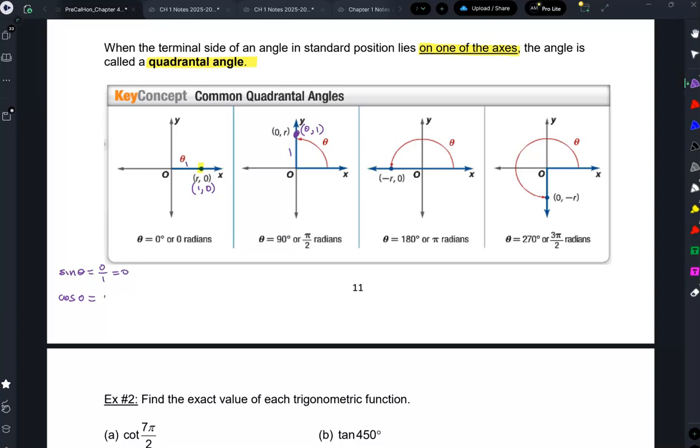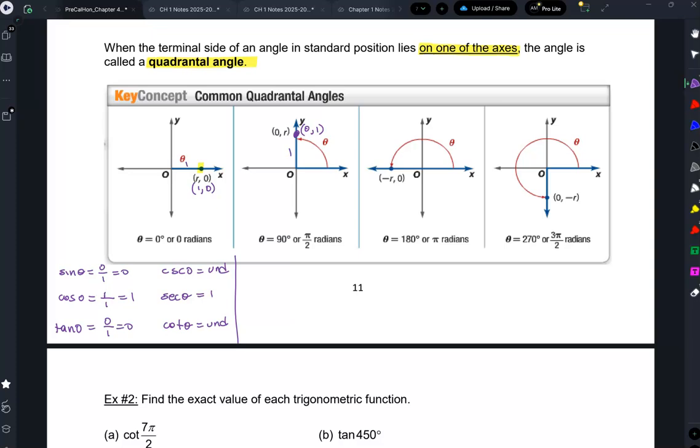X here is 1/1, 1. And then tangent of 0 is y/x, 0/1, 0. So now, what's cosecant of 0 then? Undefined. And secant, 1, and cotangent, undefined.